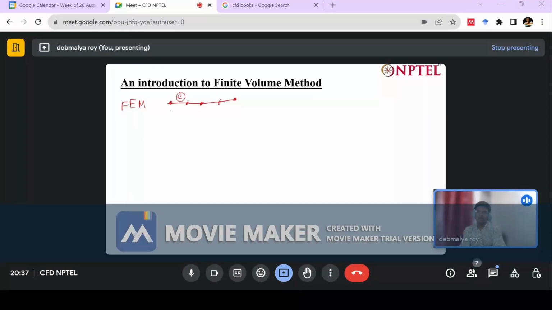We have these elements and we have these i, j nodes in FEM. We can have different shapes of these elements. For example, in 2D, this is my domain. I can divide this up into, let's say, triangle shape. This is possible in FEM.